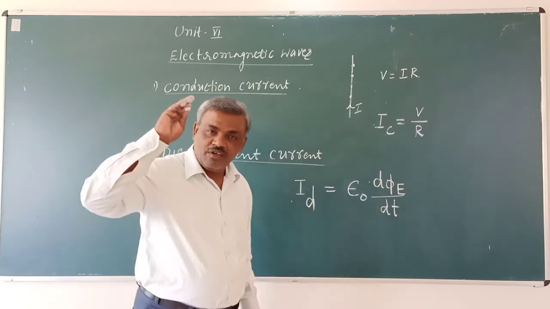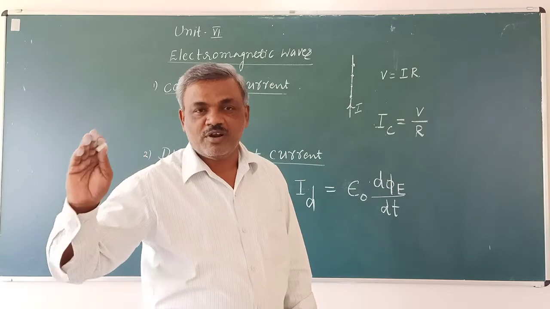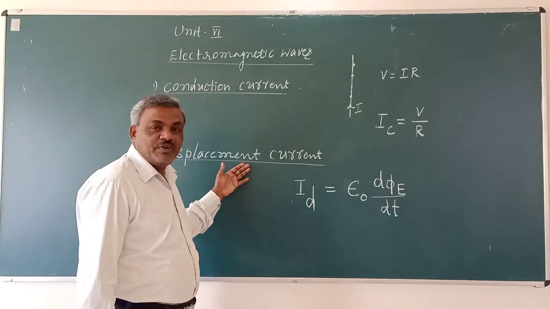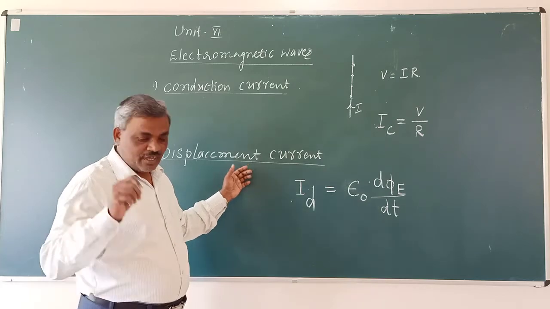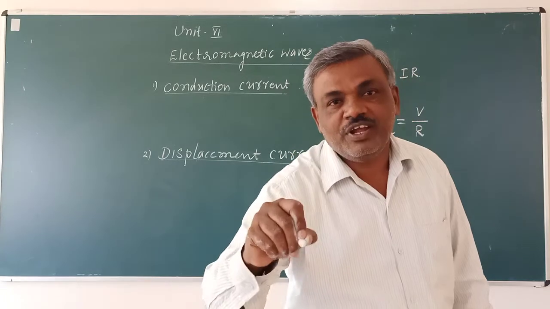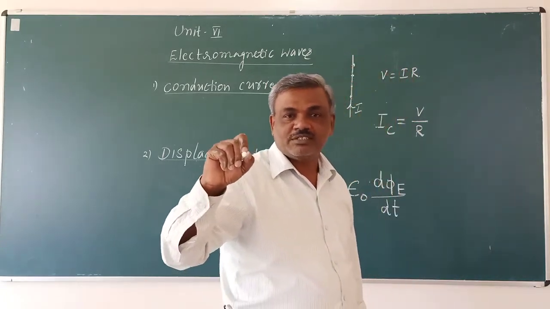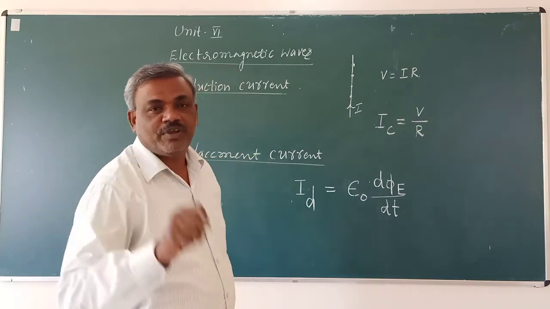In the board examination, a 1 mark or 2 mark question may ask: what is displacement current? Write the expression for displacement current. The electric current due to changing electric field or changing electric flux in a given time is called displacement current.